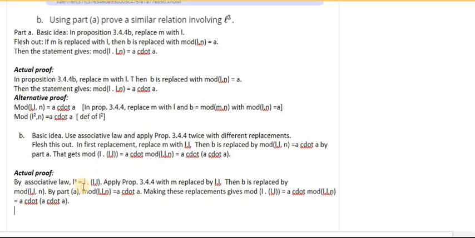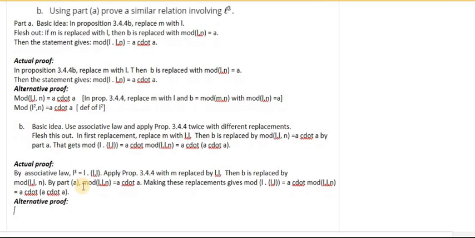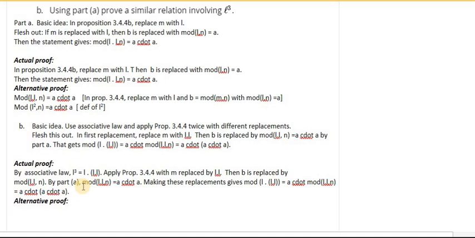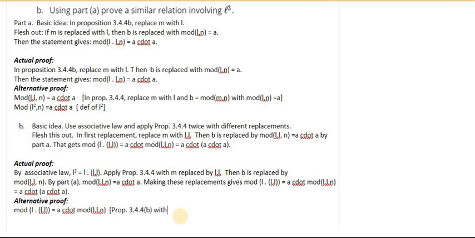Now, you can also do it the other way. Let's do the alternative proof, where you show the statement and then the reasons. Alternative proof would be, I can actually write this one down. All right, that's my statement. And then I can say, this is proposition 3.4.4b with m replaced by L dot L, and b replaced by mod L dot L n.